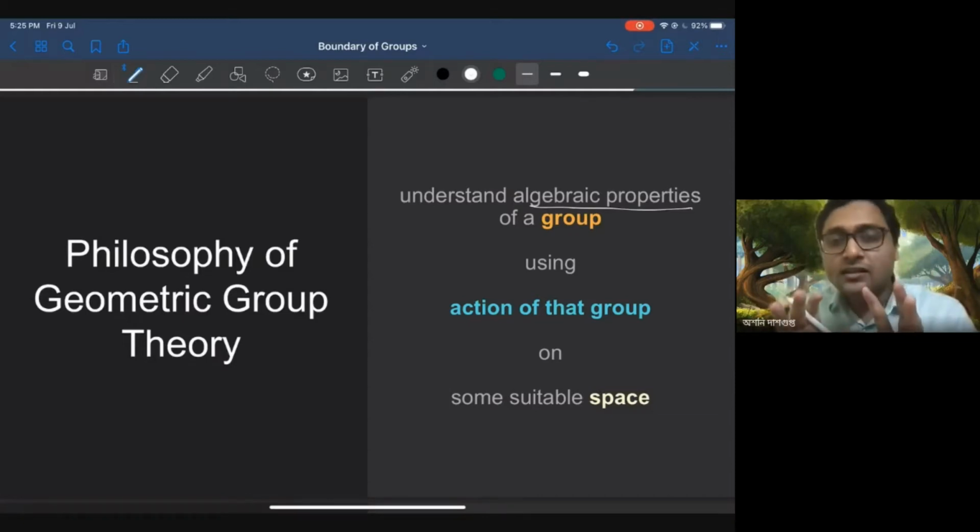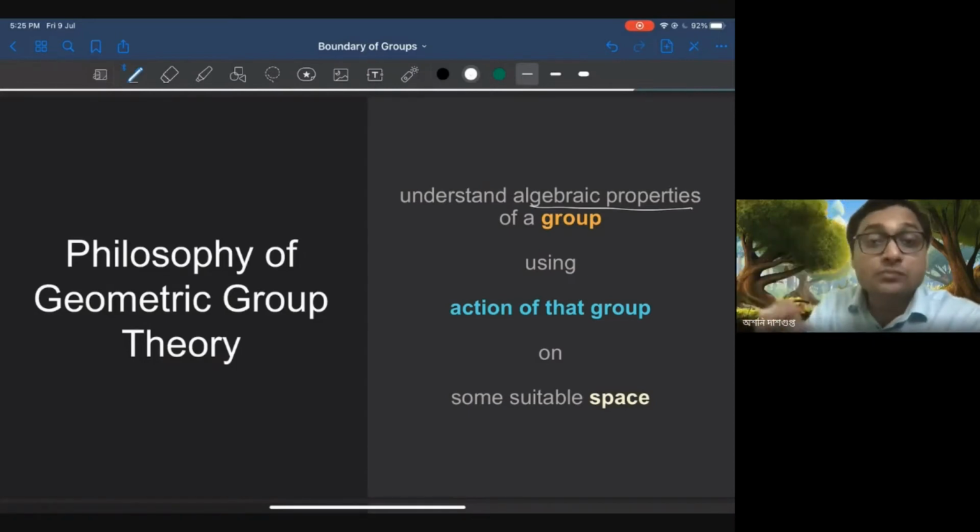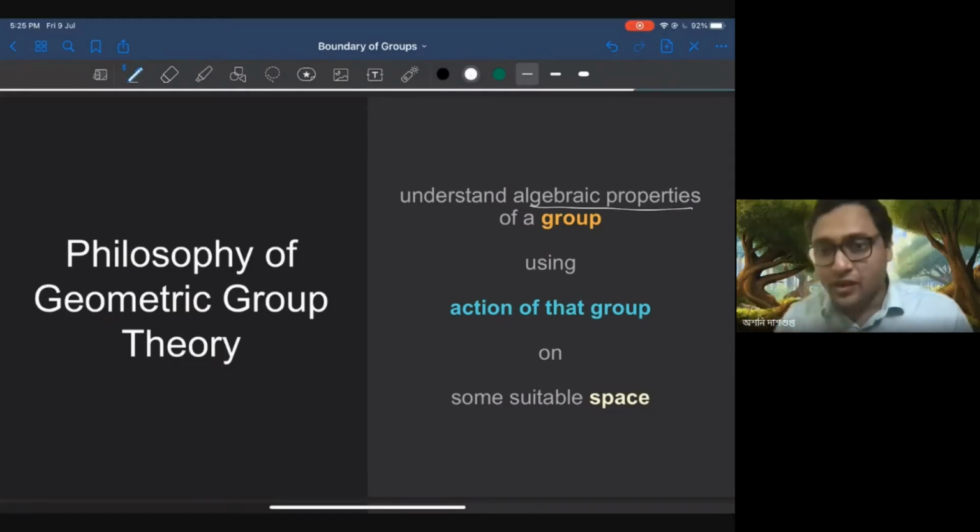To do that, we will understand it using the action of the group on some suitable space. And I will tell you an analogy in a moment. But our hope is that the action of the group on that space will give out some nice algebraic properties of the group itself. That's the driving philosophy.